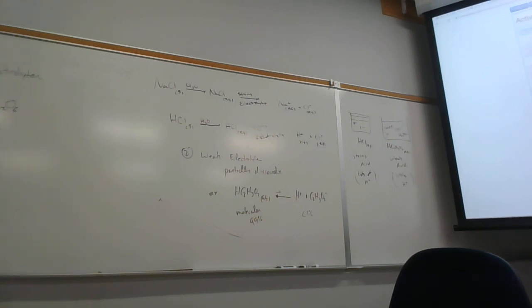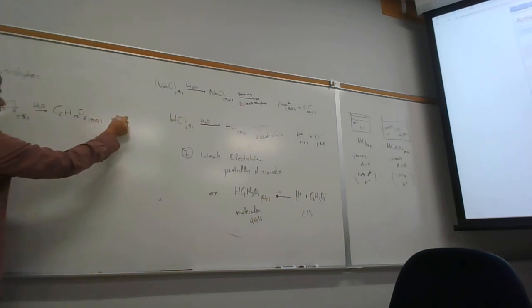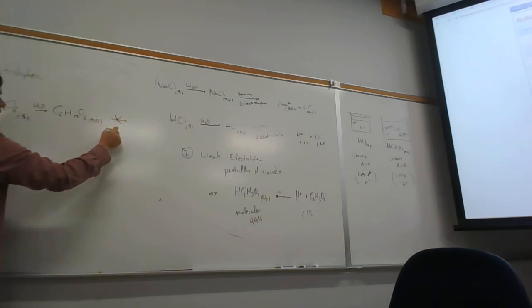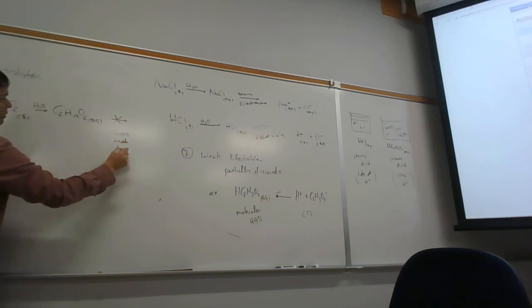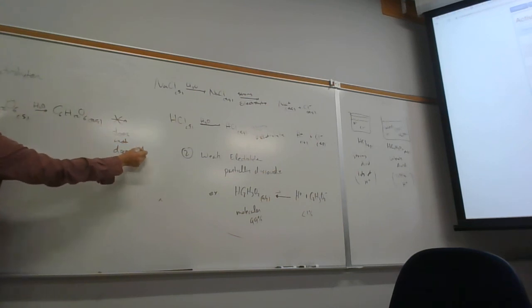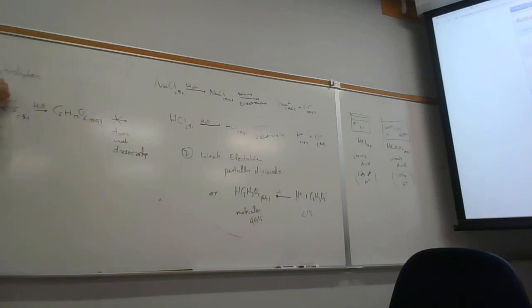If I had something like glucose, and it's a solid, glucose turns out to be soluble in water. So when glucose dissolves in water, I'll form glucose aqueous, but it doesn't break apart. This is a non-electrolyte, so this does not dissociate. Non-electrolytes do not dissociate.